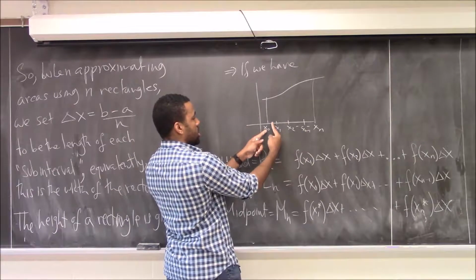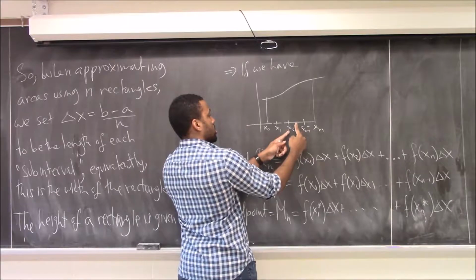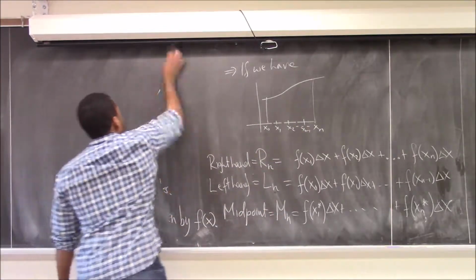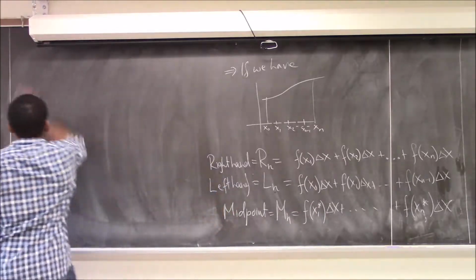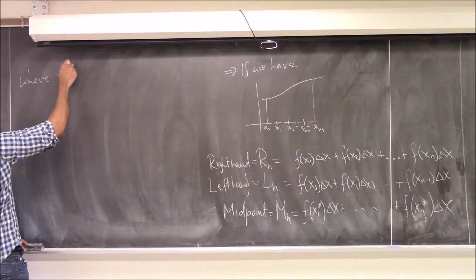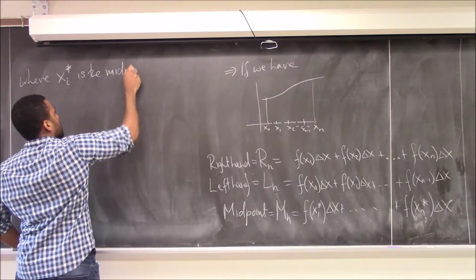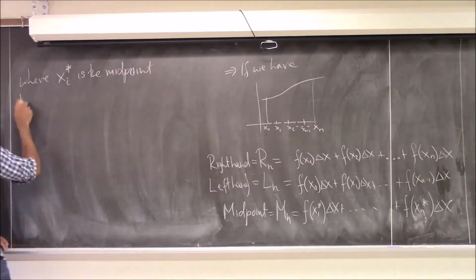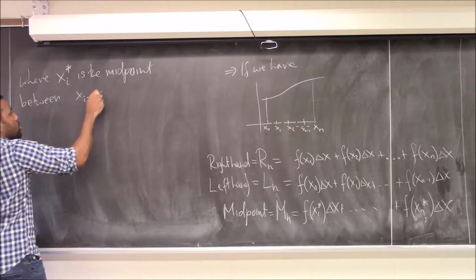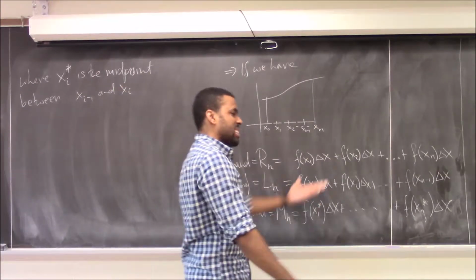So x1 star is right in the middle between here, and x2 star is right in the middle between here, x3 star is in the middle between here. Where xi star is the midpoint between x(i-1) and xi. And so that's how it is in principle.